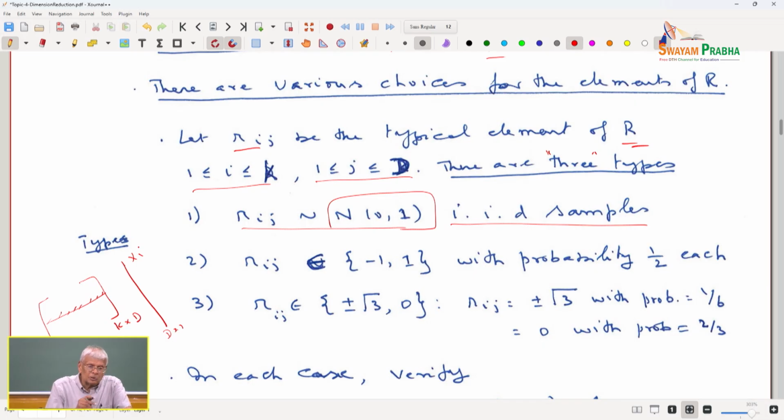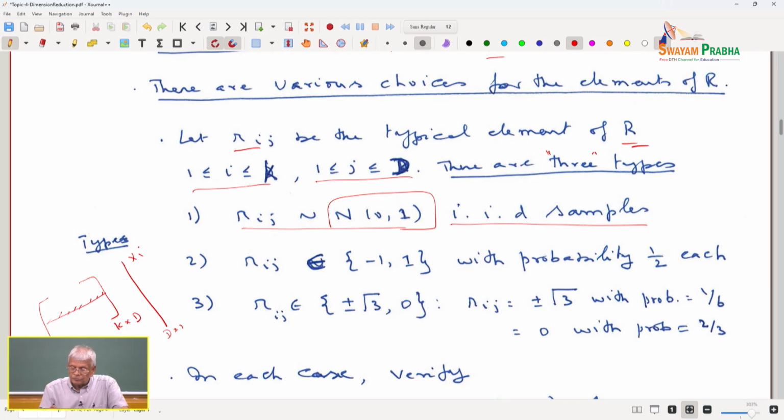So it involves multiplication and addition. Multiplication is more expensive than addition. So people who came a bit later wanted to improve the efficiency of the implementation of the IDS. It is with respect to improving efficiency that the two other types were suggested.